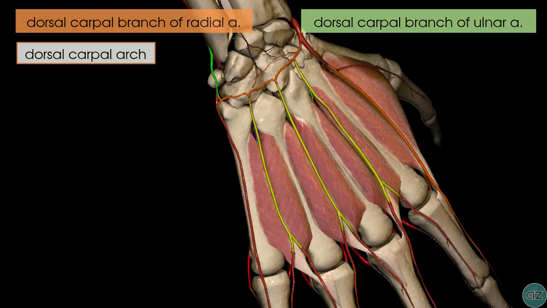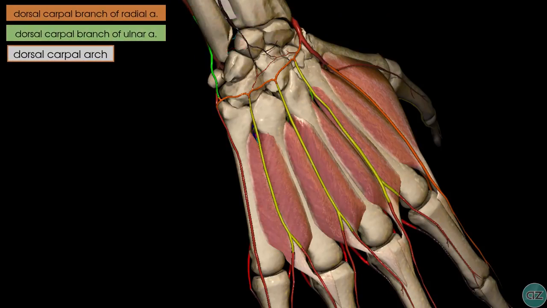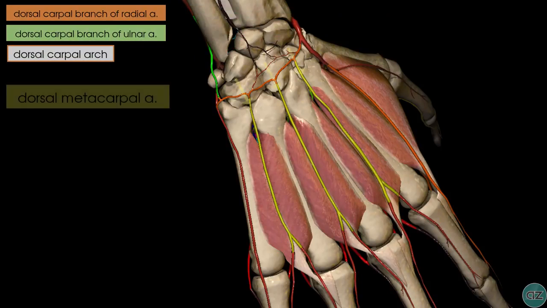In addition, you can see these arteries over here, which come off the posterior interosseous artery and anastomose with the dorsal carpal arch. Now coming directly off the dorsal carpal arch are the dorsal metacarpal arteries. You can see three of these in yellow. So you've got dorsal metacarpal arteries 2, 3 and 4.